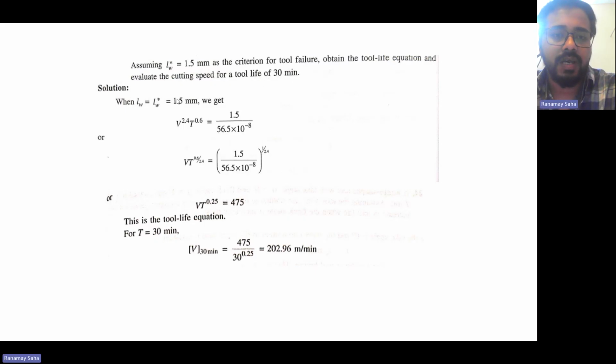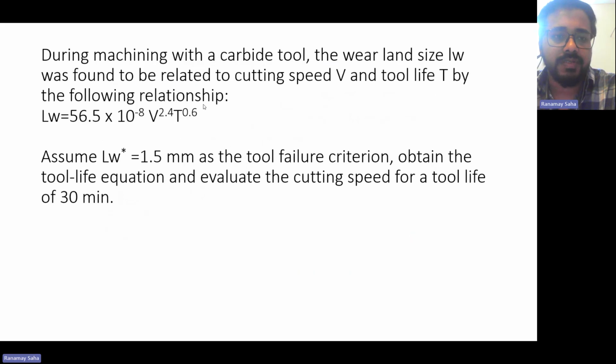LW equal to 1.5 mm. We get V squared T to the power 0.6 equal to 1.5 upon 56.5 into 10 raised to the power minus 8. This comes from this particular equation.